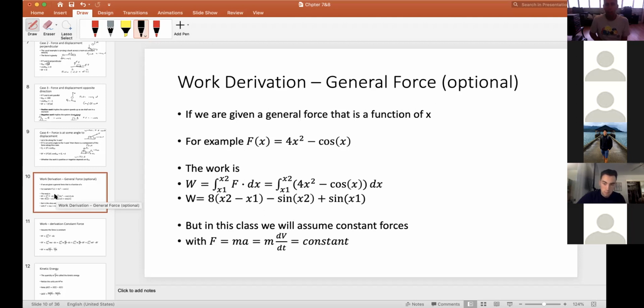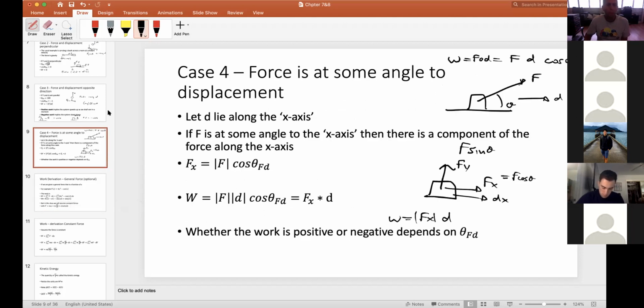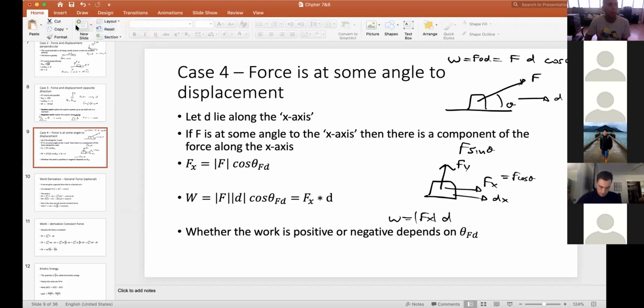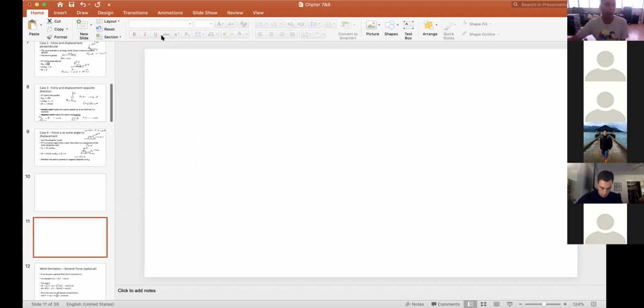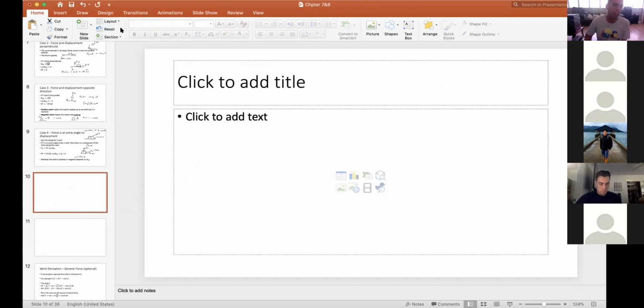Professor? Yes. So for case number 4, you basically said that we have to find the component that's parallel to D, because that's how much of the force F is actually moving the object forward, right? Right. So basically what we're looking at is just the definition of the dot product.